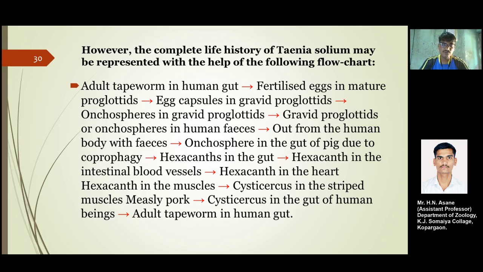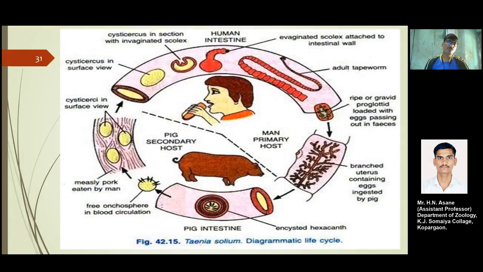Again, the new human being is going to be infected, and the adult worm is again in the human gut. So this will be the diagrammatic life cycle of Taenia solium.